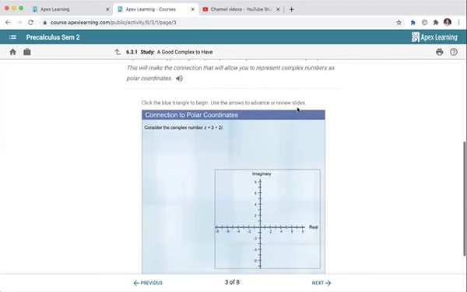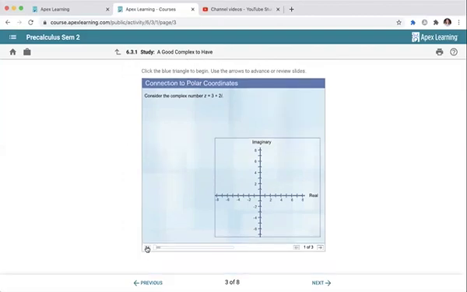And so now we can look and see what happens if we look at our complex numbers using our polar coordinates. So we have our 3 plus our 2I.